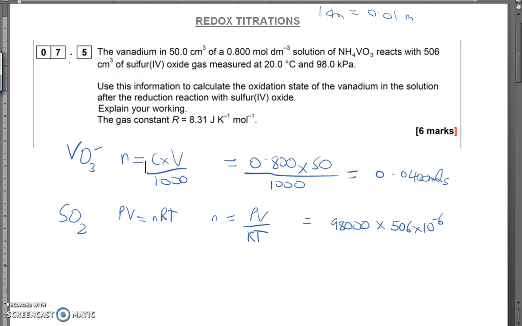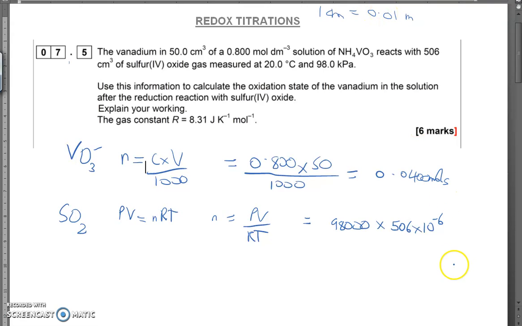1 centimeter is equal to 0.01 meters. To get 1 centimeter cubed, you need to cube that: 1 times 1 times 1 is 1. To get the cube of 0.01 meters, again 0.01 times 0.01 times 0.01, which equals 1 times 10 to the minus 6.